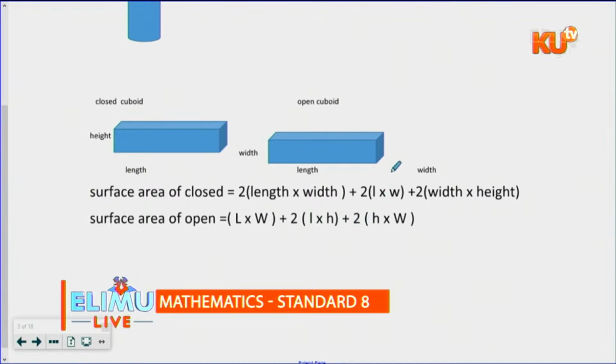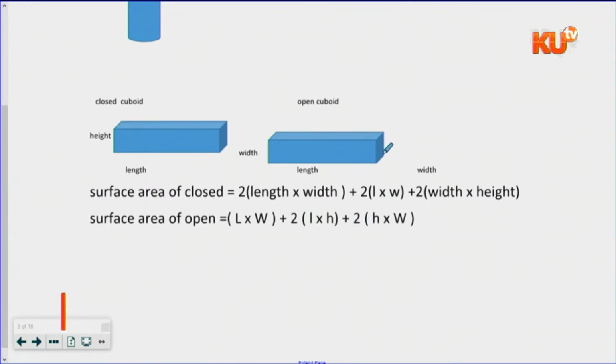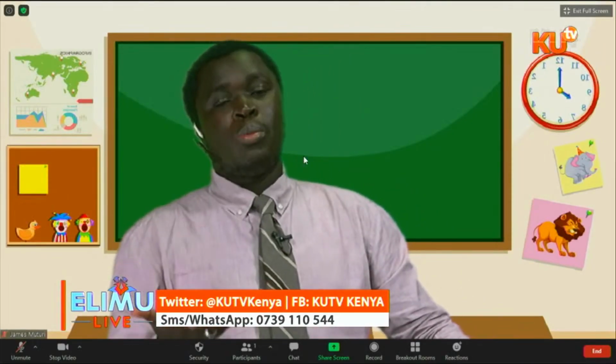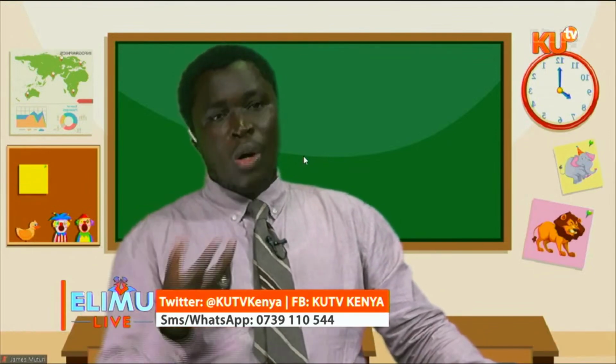We come to the third face, the cross-sectional face that is away from us, and the face here we have. We'll call this one height, and then we'll call this one width. There are 2, so we say 2 into height times width. Those faces are 2. The only face that is missing is the top, and that's why we say open.